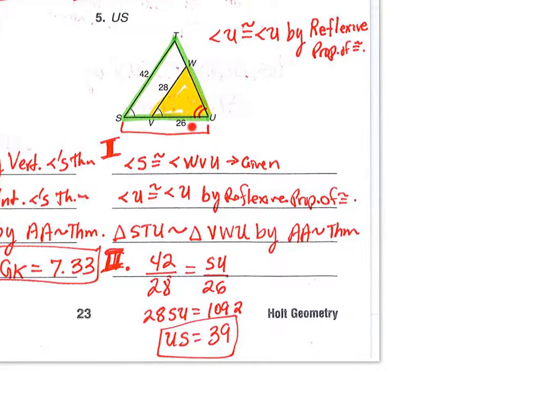As SU, this is the base, the bottom side of the big triangle, so it's SU is to the bottom part, which is 26. When you cross multiply, that gives you 1,092. And when you cross multiply on the means, that is 28 SU. Divide by 28, and that gives you 39. Okay, so that was problem number 5.